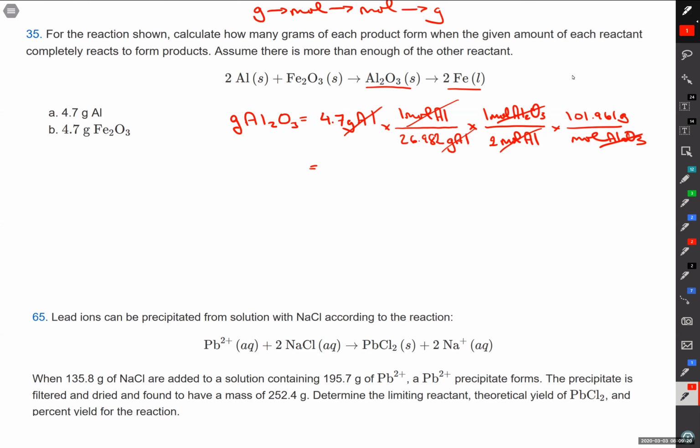And that's grams of aluminum oxide. 8.9 Al2O3. So that becomes 8.9 grams Al2O3, because this number here has 2 sig figs, right?